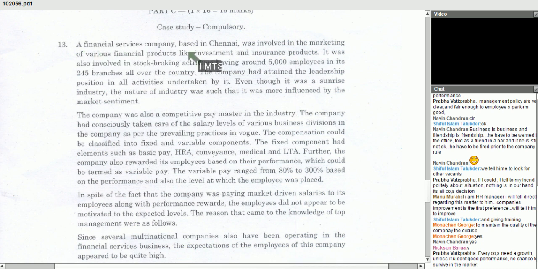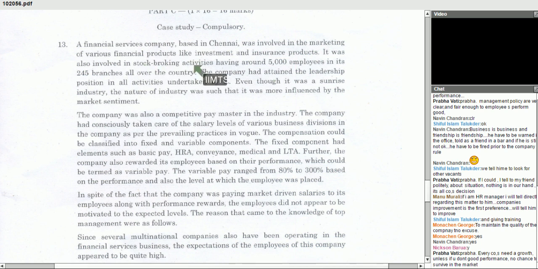Second one. A financial service company which is based in Chennai was involved in the marketing of various financial products like investment and insurance products. It was also involved in stock broking activities, having around 5,000 employees in its 245 branches all over the country.